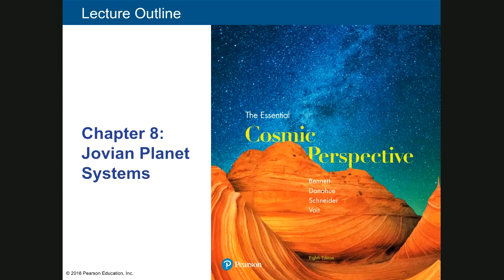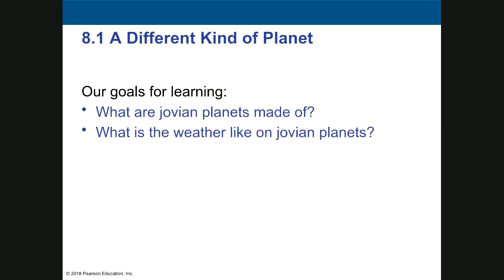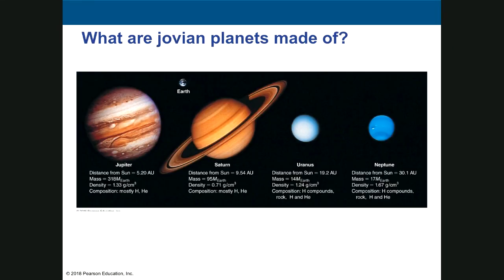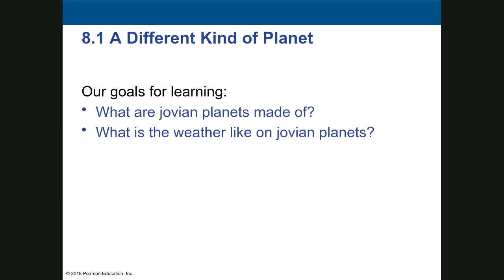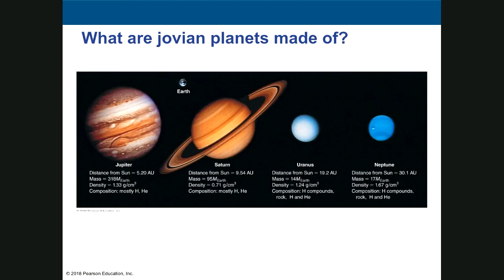Okay, we've talked about the inner solar system planets. We're going to talk about the Jovian planets, and how these giant planets are different than our terrestrial planets.